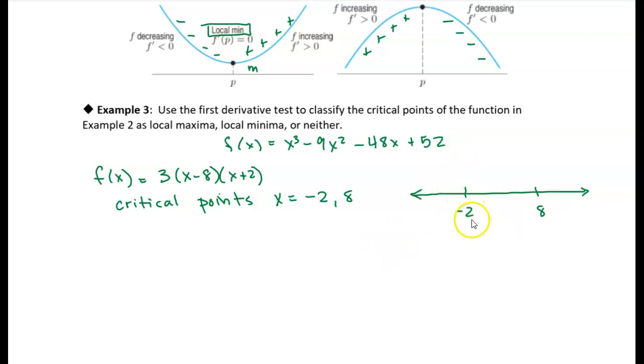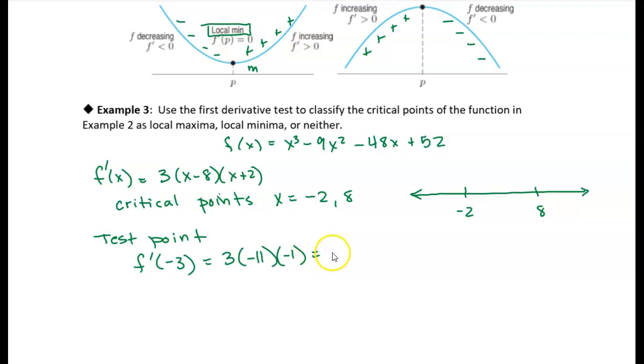If I want to test x equals negative 2, I'm going to test a point on either side. Let's say I test negative 3, a point to the left of negative 2, and look at the derivative there. Plugging that into my derivative function, f prime, I get 3 times (negative 3 minus 8), which is negative 11, times (negative 3 plus 2), which is negative 1.